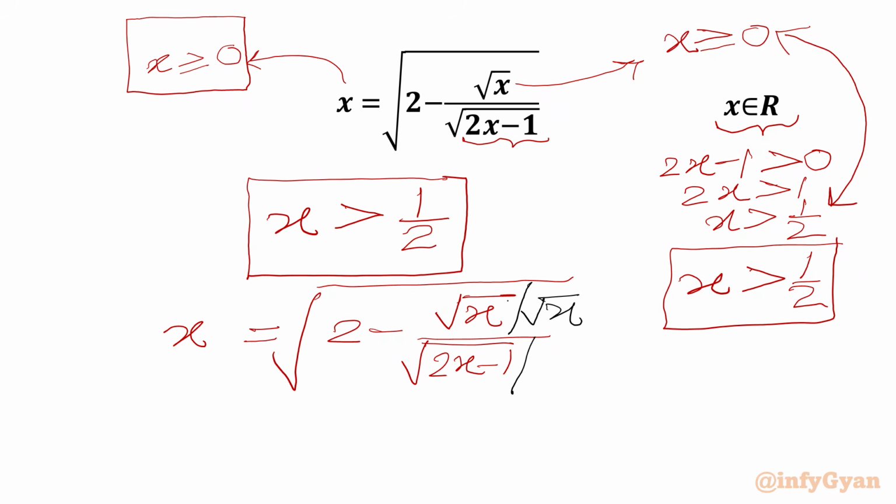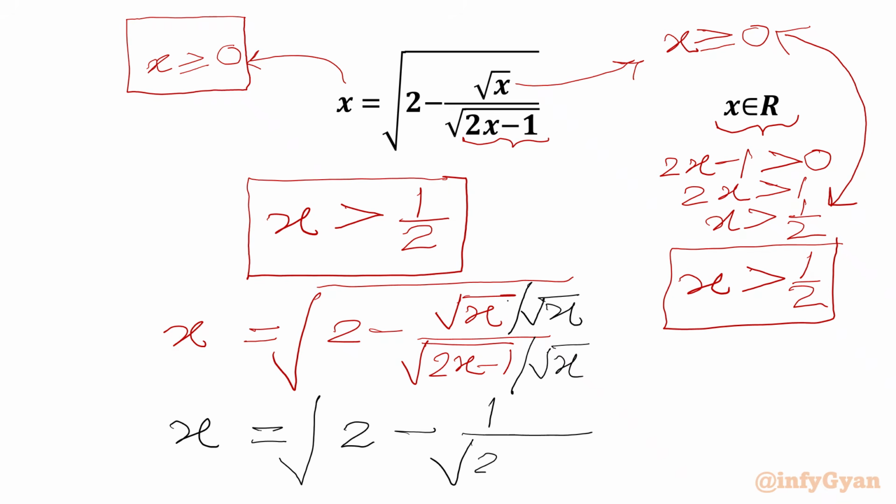Here also we will divide by root x. So we can write x will be equal to square root of 2 minus 1 over square root 2x over root x. So it will be square root of 2 minus 1 over x.